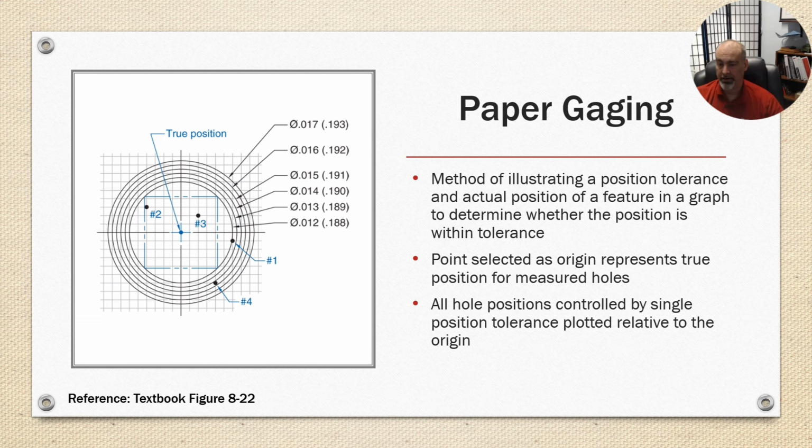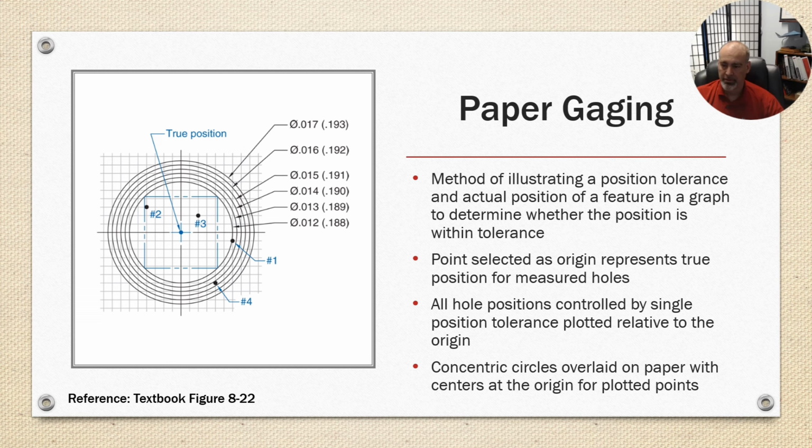And hole number 4 is only within tolerance if the hole was machined at, I believe, 191 thousandths in diameter. Okay, so the concentric circles are overlaid on the paper with the centers at the origin for plotting points.